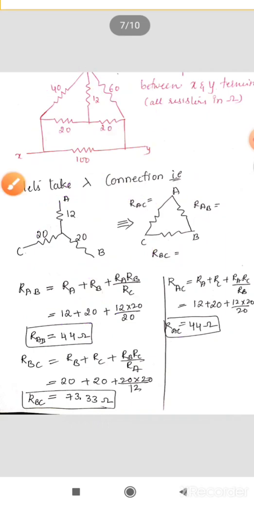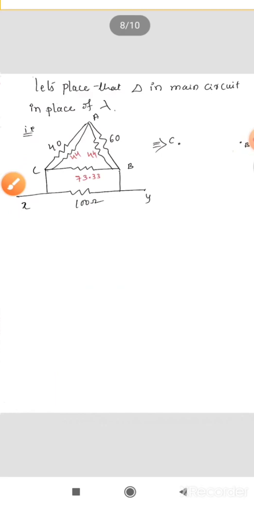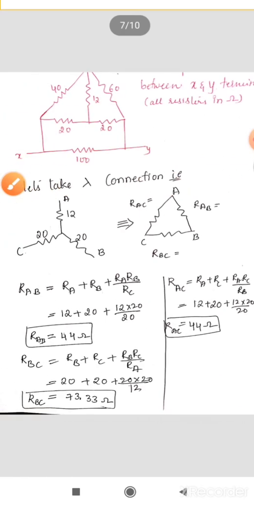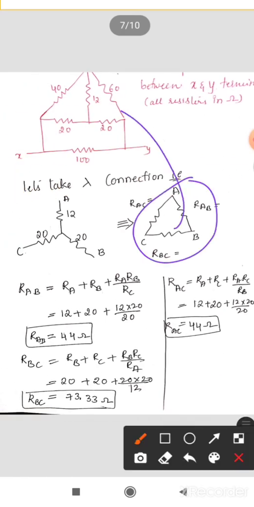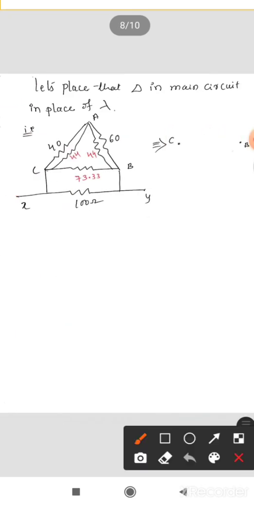Let's insert the delta in this circuit instead of the star connection. Once you do that, observe, outside were the 40 ohm, 60 ohm and 100 ohm. So this is 73.33 ohm, 44 ohm and 44 ohm. These three are delta connected.